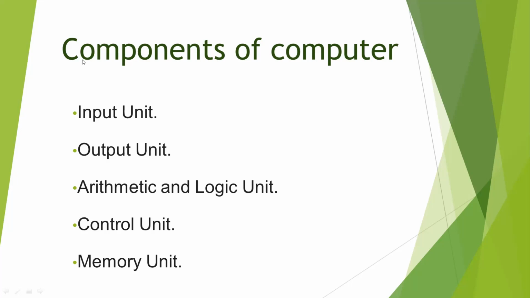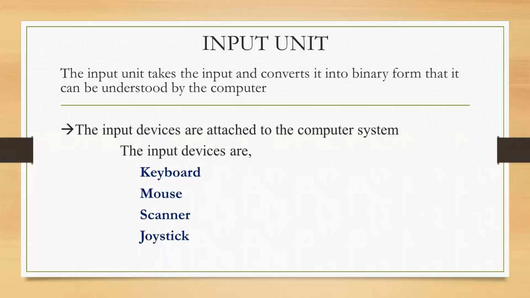So the first component of computer is the input unit, and you should understand what input devices are, because the input unit takes the input and converts it into binary form. Binary form, have you heard this word? Binary form is nothing but computer understandable language.